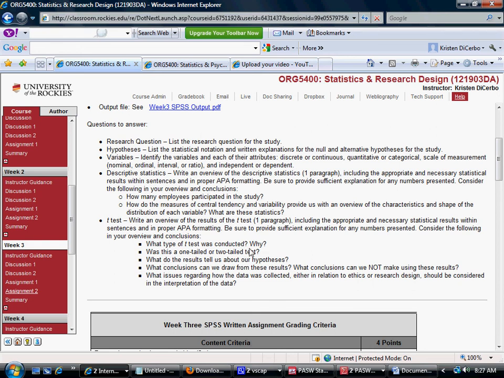Let me talk about one more thing: a one-tailed or a two-tailed test. One-tailed is when your alternative hypothesis is that one group is higher than the other group. That's just one direction, so you'll run a one-tailed test. In this case, we were interested just in whether the two groups were different. One could be higher or lower. So that's two directions, and that's going to be a two-tailed test.